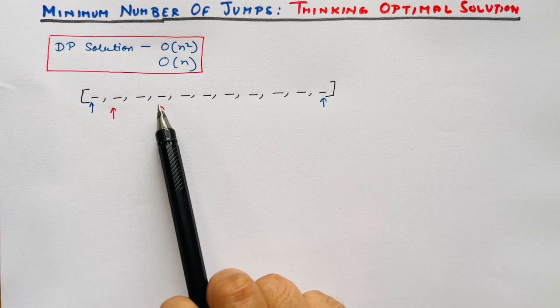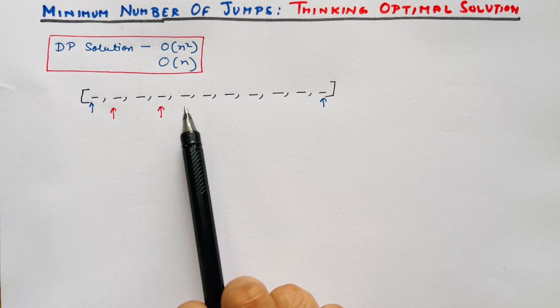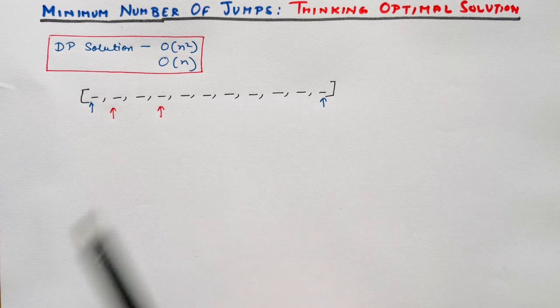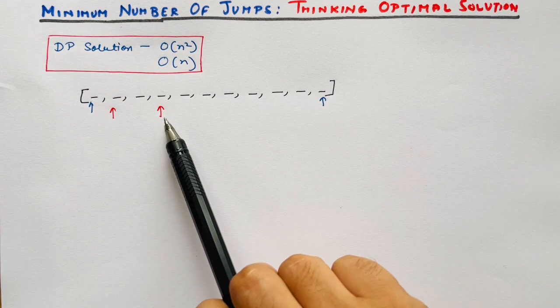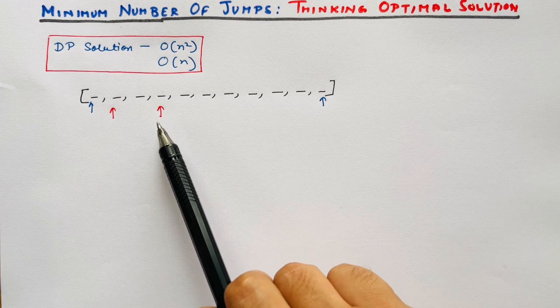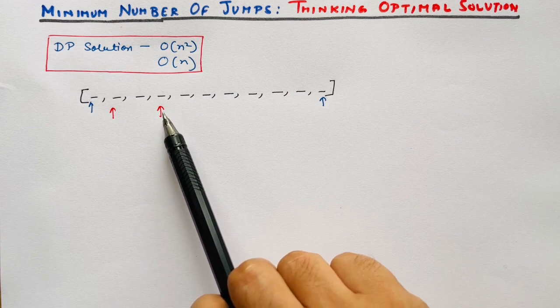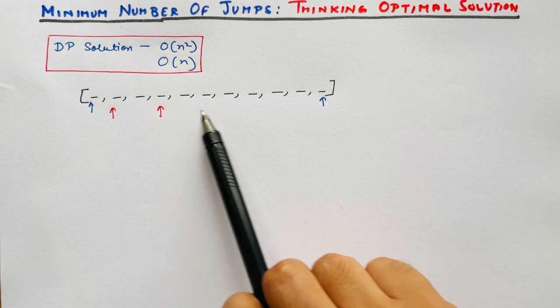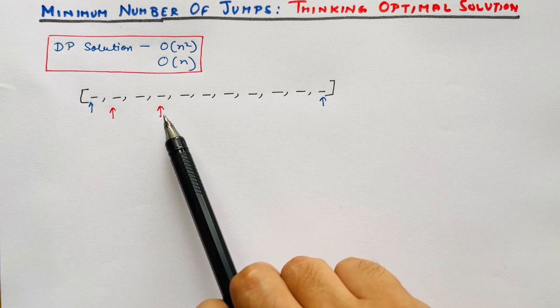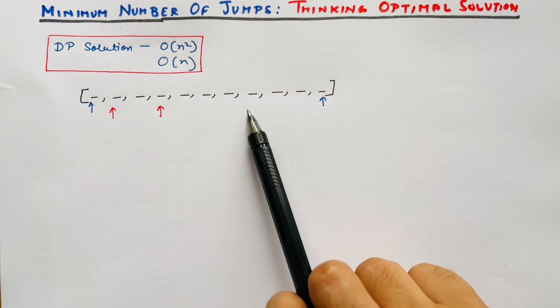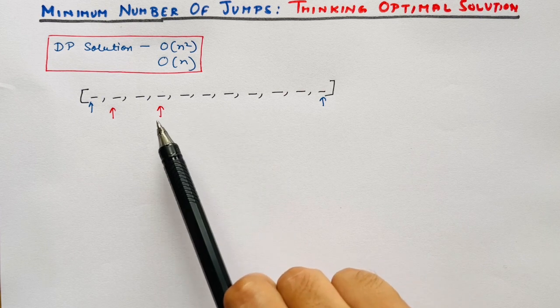Let us now try to extend this beyond this position as we reach till the end. Now, these positions can be reached in a minimum number of jumps equal to 1. But if we have to reach any position which is beyond this, then we will have to make at least one jump more. So now let us try to figure out which of these positions can be reached by 2 jumps.